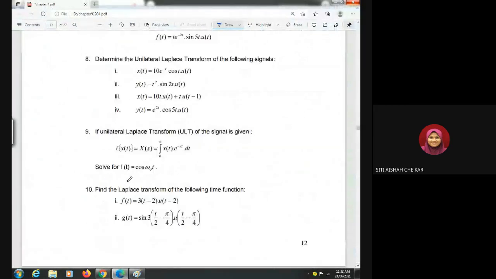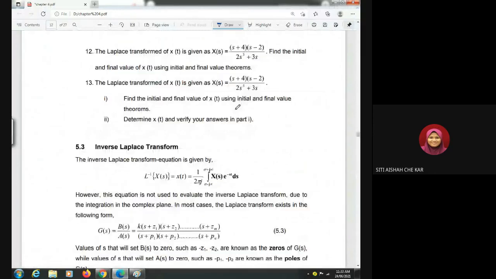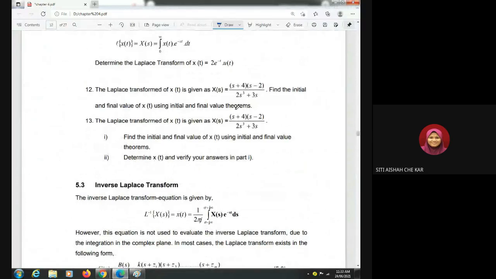Okay, kita tengok soalan ni. Untuk bagi jawapan, saya nak bagi jawapan sekejap. Ada tak contoh-contoh yang dapat jawapan?